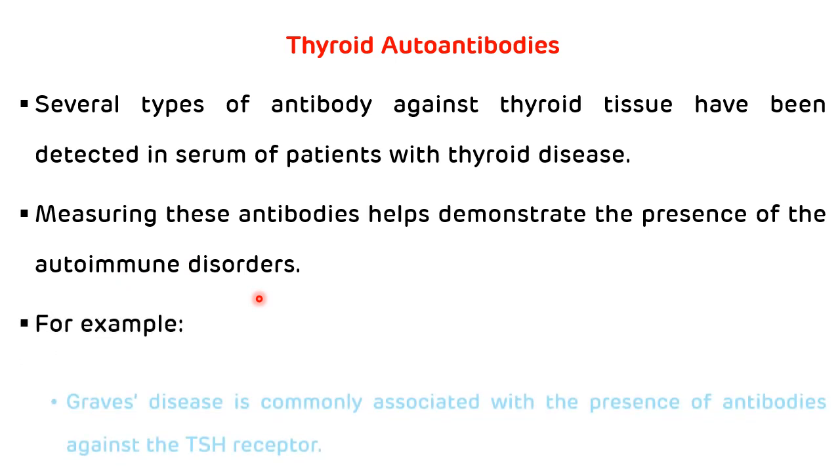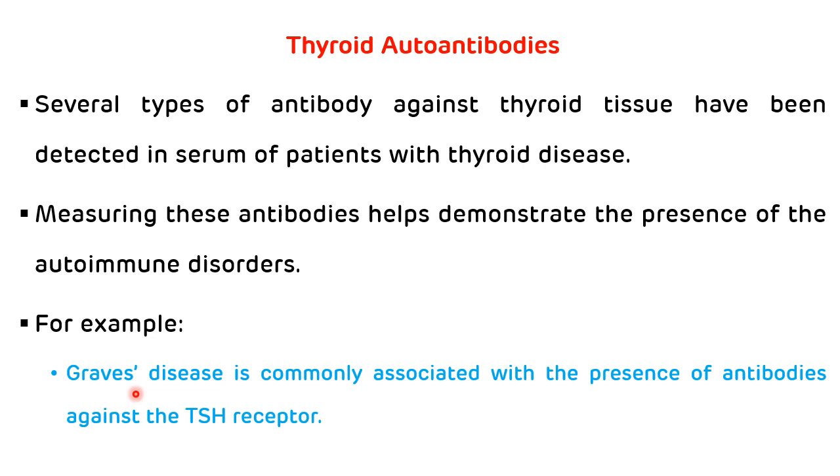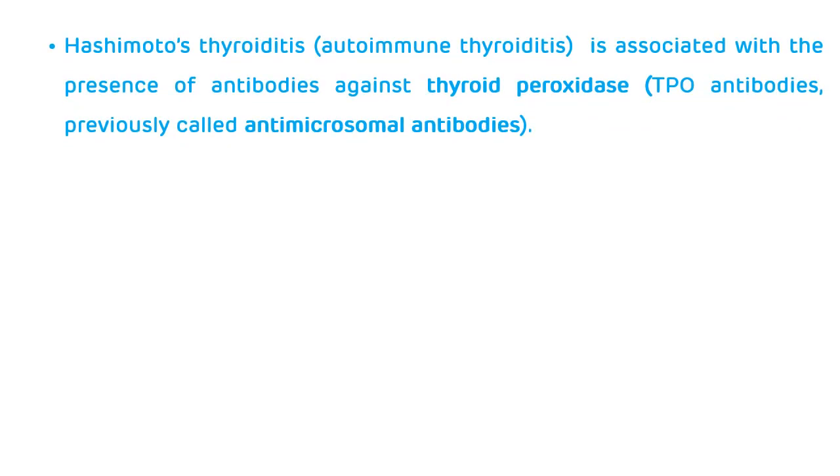For example, Graves' disease, which is an autoimmune disease mostly characterized by hyperthyroidism, is commonly associated with the presence of autoantibodies against the TSH receptor. Hashimoto's thyroiditis, which is an autoimmune thyroiditis, is commonly associated with the presence of antibodies against the thyroid peroxidase enzyme, that is TPO antibodies, previously called antimicrosomal antibodies.